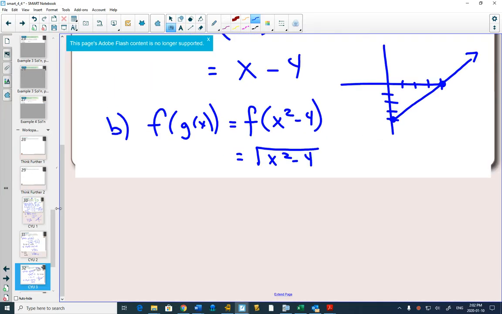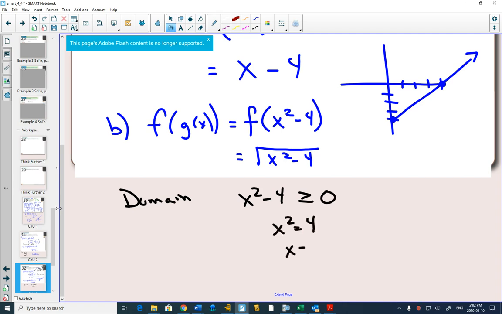To figure out the domain, this is only true when x squared minus 4 is bigger than or equal to 0. How do we solve this? Well, we find out where it's equal, at plus or minus 2. Draw your circles, fill them in, and check out where is it true, where is it false.